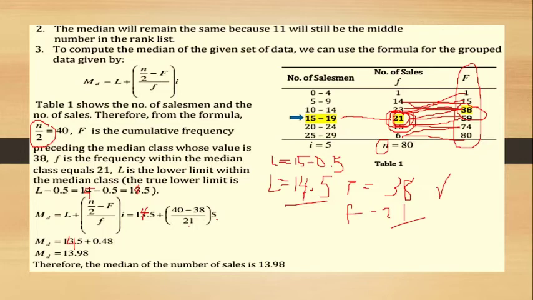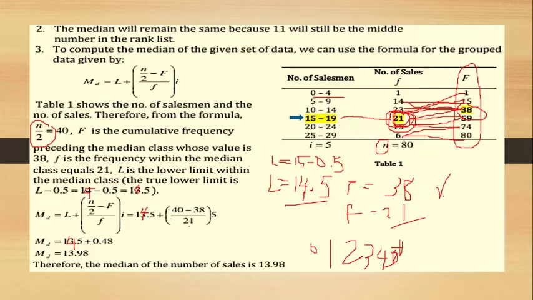Wait, how did we get the interval? Here, the interval is 5. For example, 0, 1, 2, 3, 4, that is 5 counting. 0 to 4: 0, 1, 2, 3, 4, so the interval is 5.